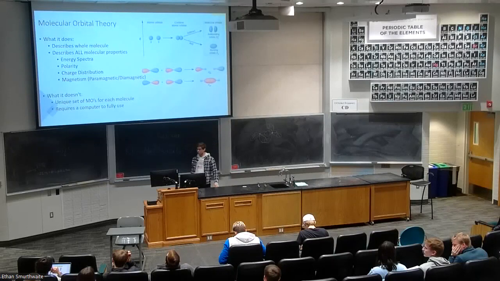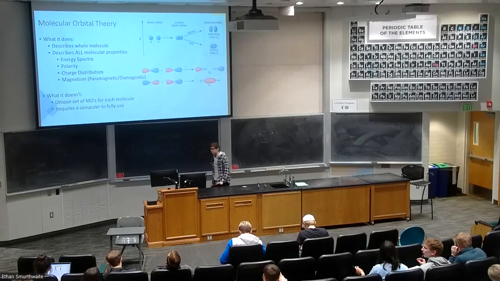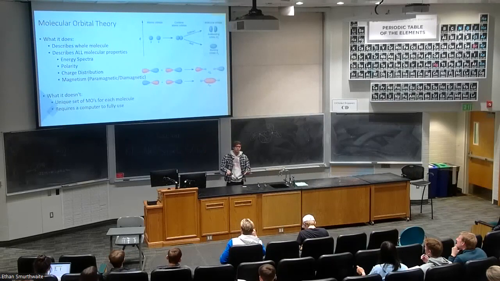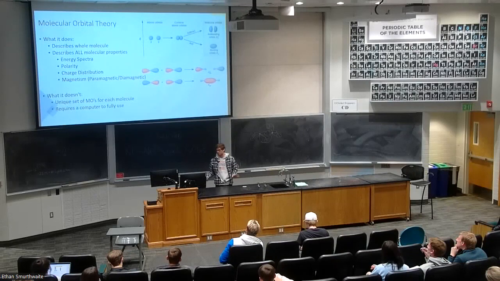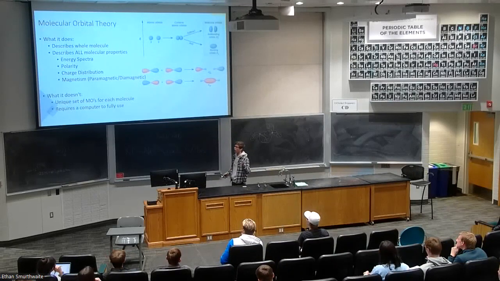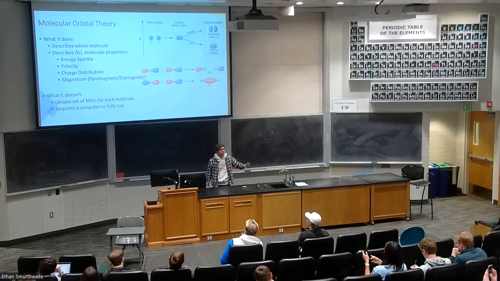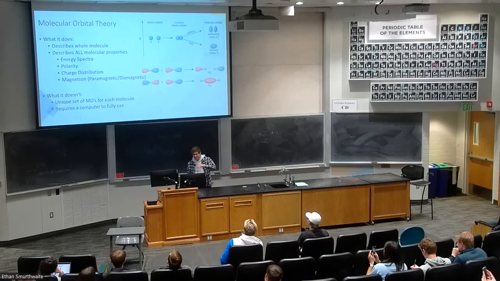Okay, let's talk about molecular orbital theory. So this one is different. Instead of looking at individual bonds between atoms, it looks at the whole molecule. And this is what it does well: it describes all the molecular properties, the energy spectra, the polarity, the charge distribution, what's partially positive, what's partially negative.